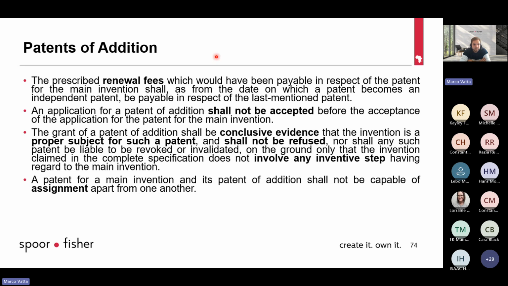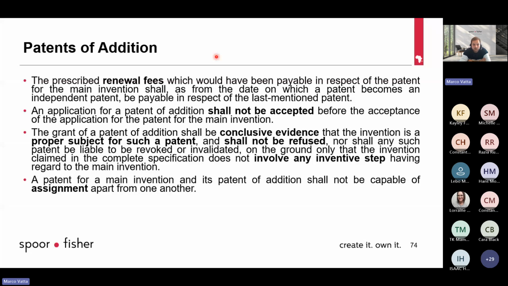Importantly then, an application for a patent of addition shall not be accepted before the main patent is accepted. So the Patent Office will first have to examine the main invention. If it is pending, they'll need to examine that application for the main invention before the patent of addition is accepted.